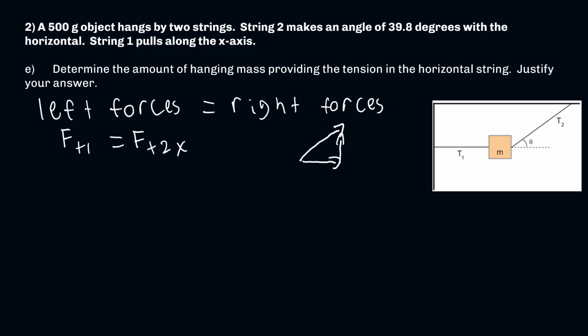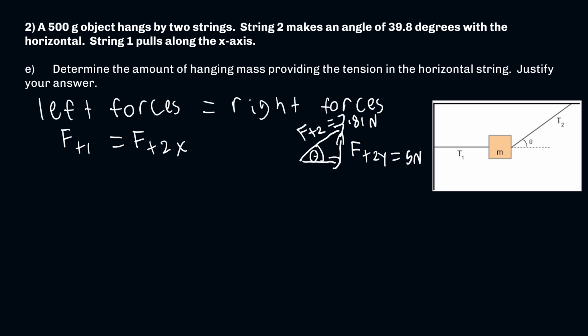Remember, our hypotenuse is FT2. Our height is FT2y, and that was 5 newtons. Our FT2 is about 7.81 newtons. And we have the angle here, which is given to us in the question.